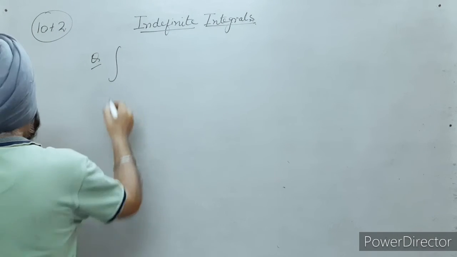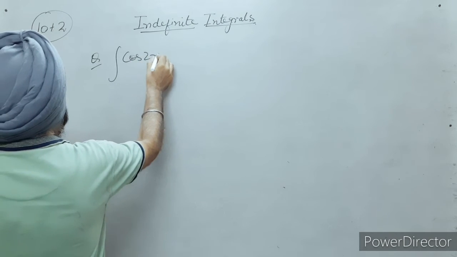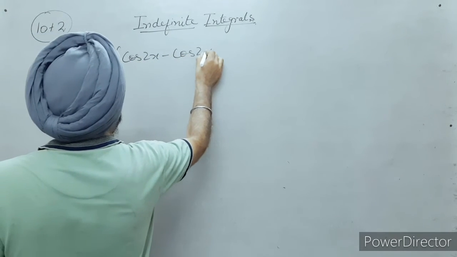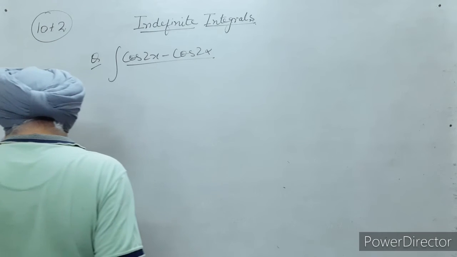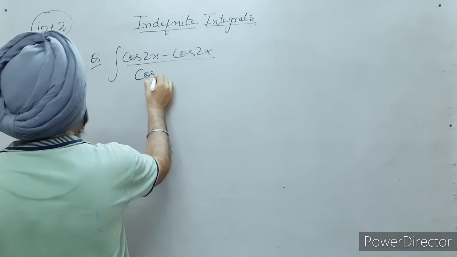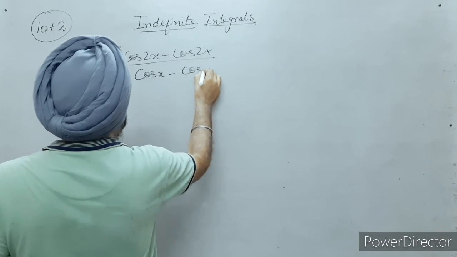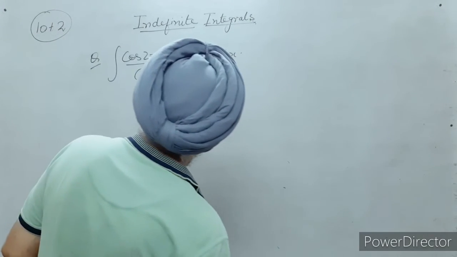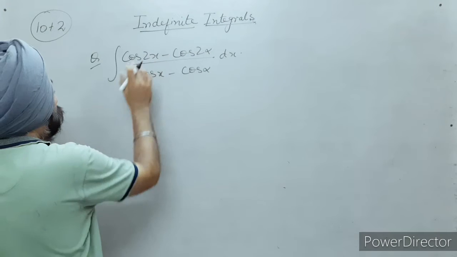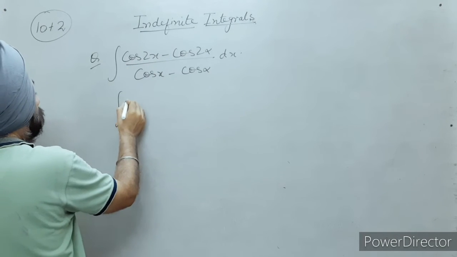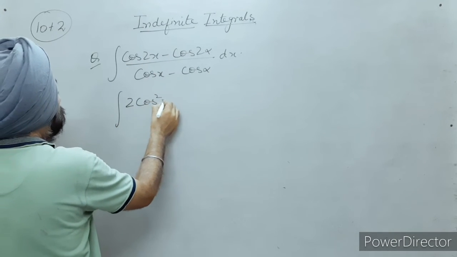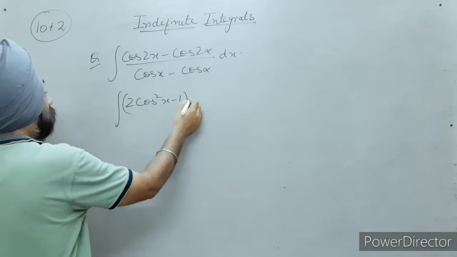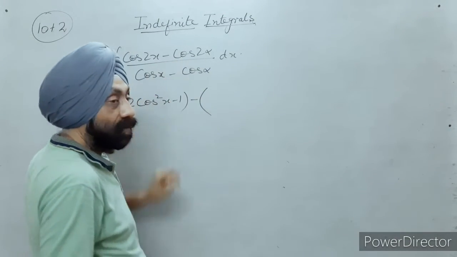It is cos 2x minus cos 2 alpha divided by cos x minus cos alpha dx. Right? Now, cos 2x can be written as 2 cos square x minus 1 minus of, again cos 2 alpha.